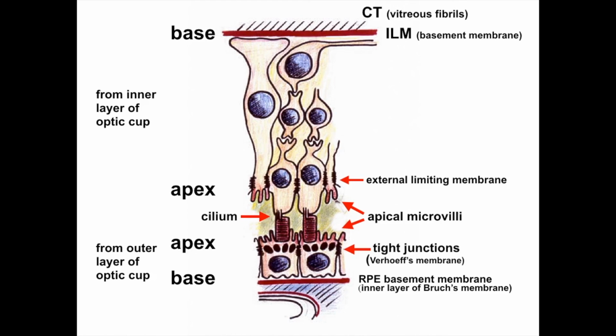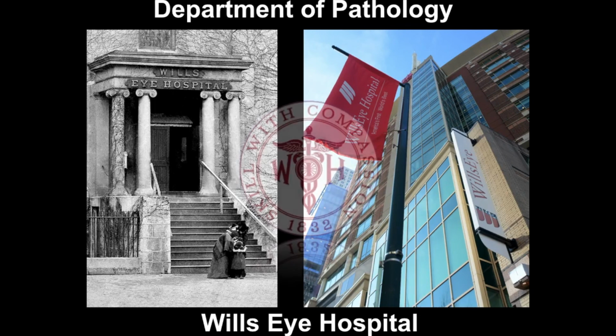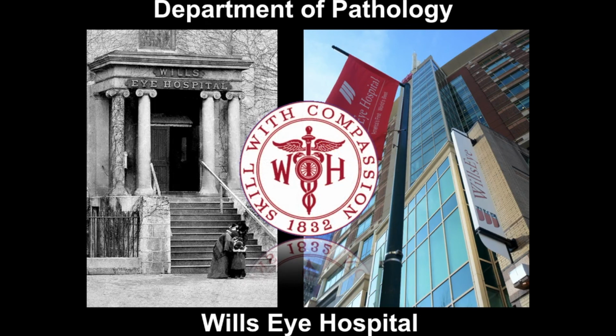The RPE cells are joined near their apices by a series of tight junctions, or zonulae occludentes, called Virchow's membrane. These tight junctions form the outer part of the blood-retinal barrier. Knowledge of the embryology of the neurectoderm and the optic cup helps us to understand the organization and relationship of the structures in the adult eye.